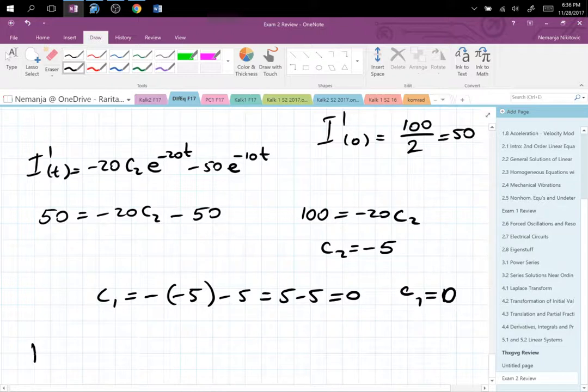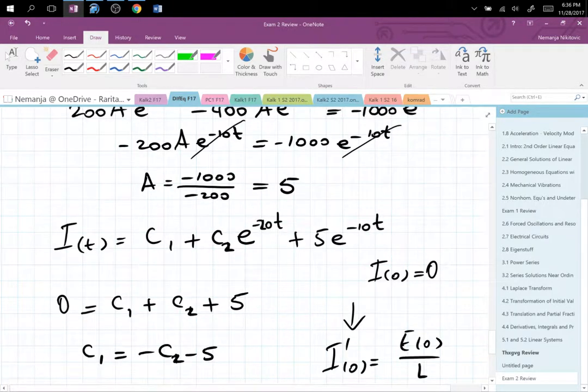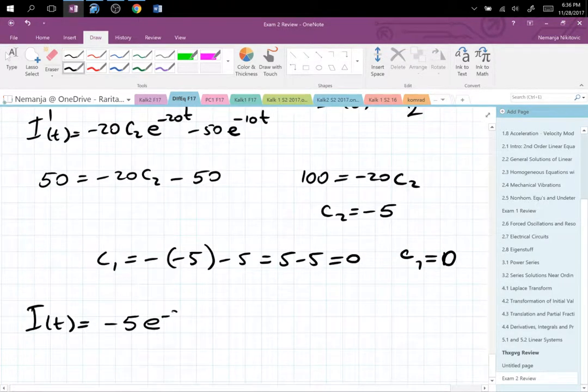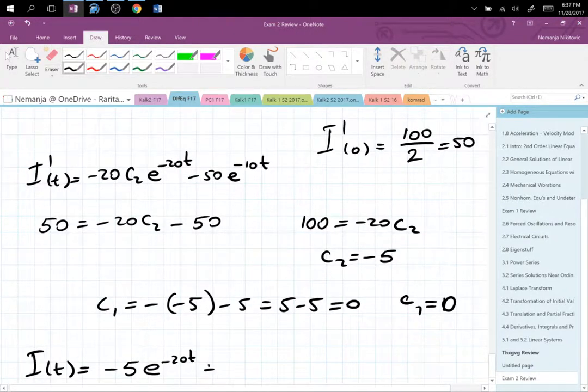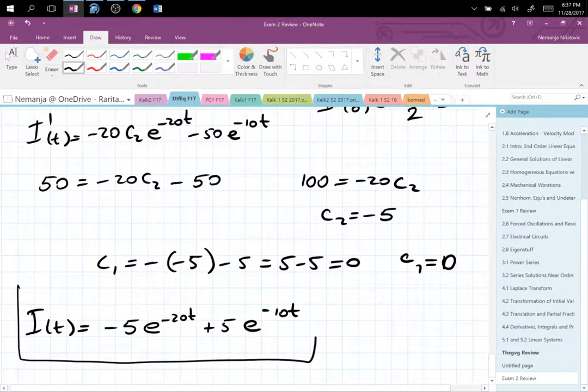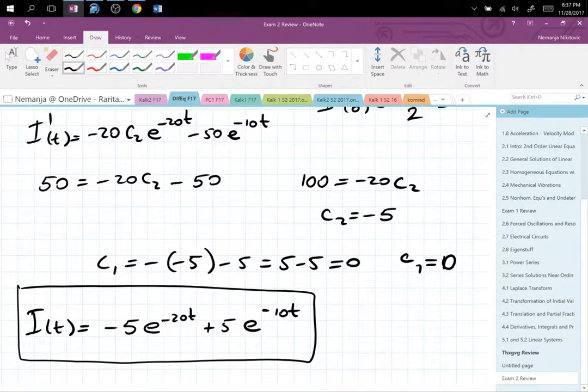So C1 is 0, gone. C2 is negative 5. And there it is. So I prime of t is 50. If I pick the problem, I'll pick something nice.